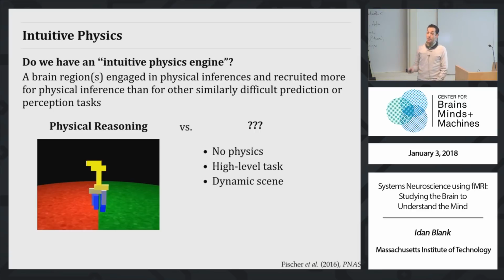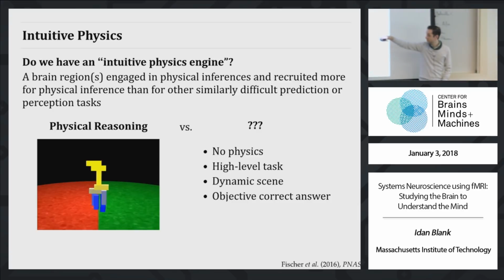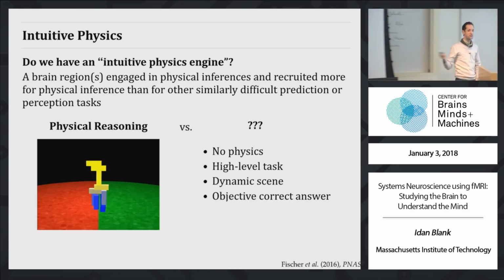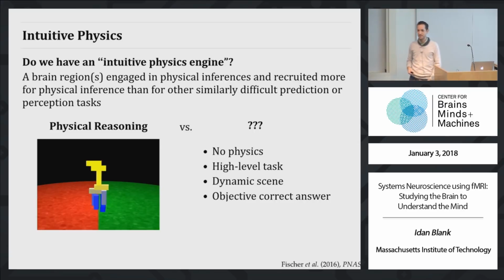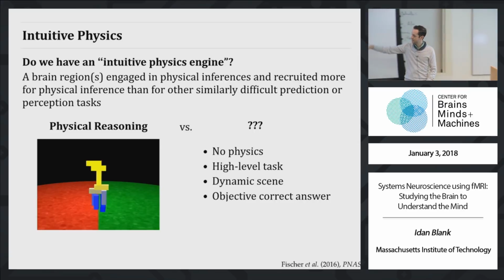We want a dynamic scene, right? It won't be fair to give someone a task with just a picture, because this one was a rotating scene. So we want something dynamic. And we want an objective answer, because this task has an objective correct answer. We can simulate, these were built with a computer physics engine, and we can simulate the fall and see what happens. And so Jason tried to come up with a control task that has these features.